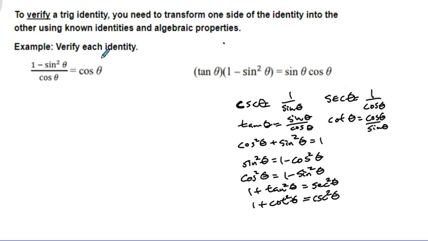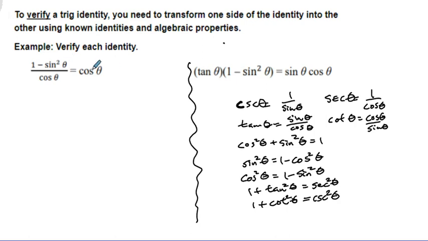So what you want to do when you verify an identity is look at which side is, for lack of a better term, messier. Which side needs more work? Which side do you think needs to be simplified more than the other? Because sometimes they both look like they need to be simplified, but there's not necessarily anything you can do with it.